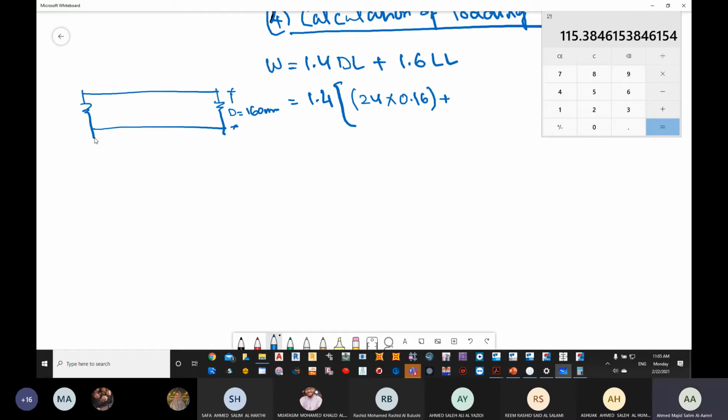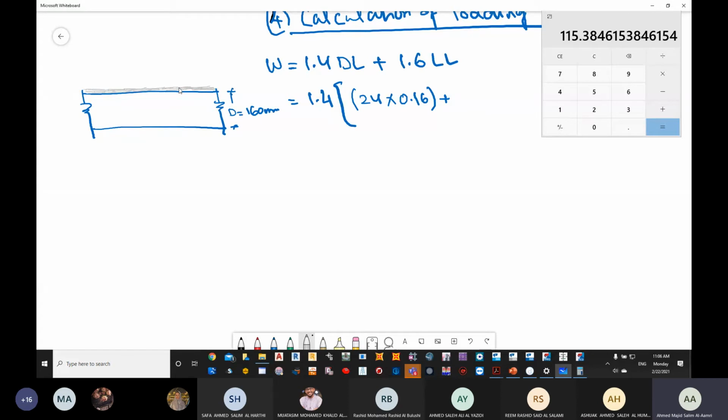Now we said there will be tiles on the top of a mortar. So we have mortar here, which is cement, sand, and water.